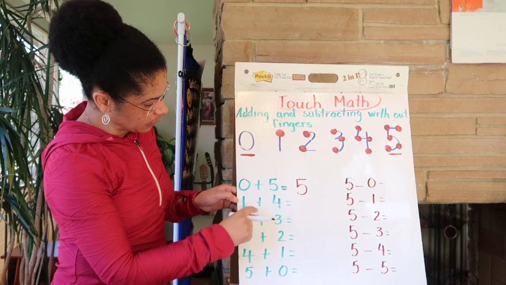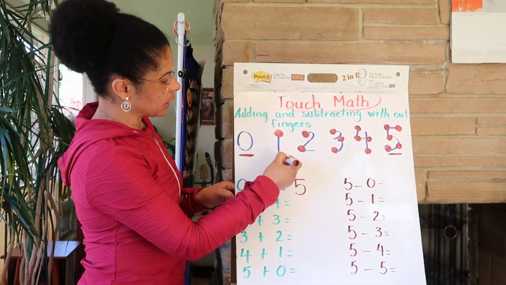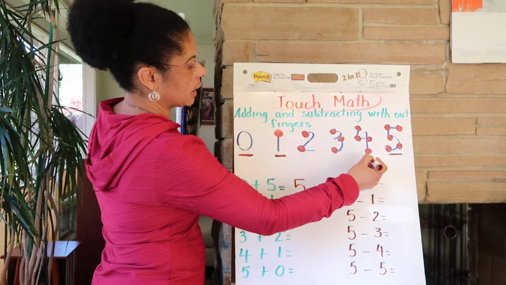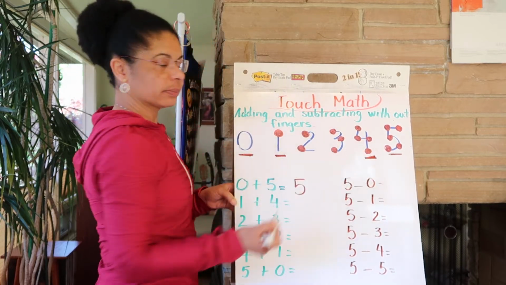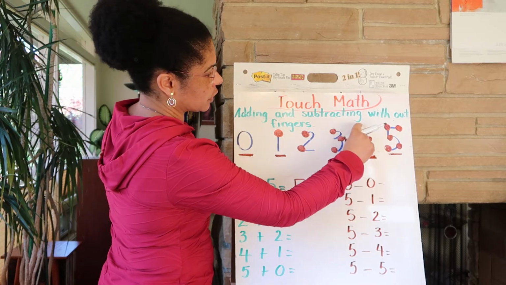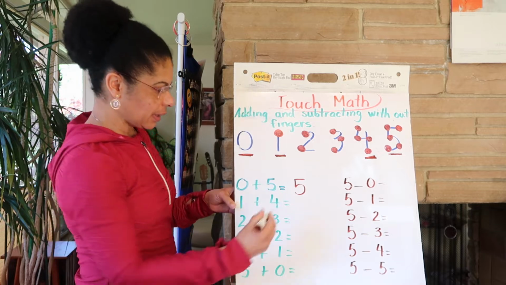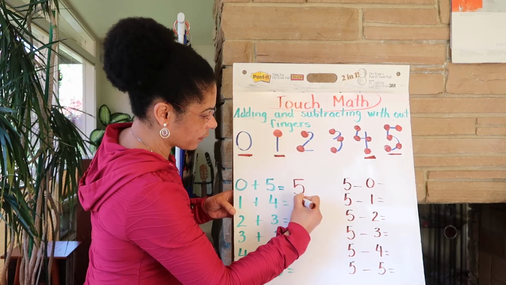Next, 1 plus 4. Here is number 1 and here is number 4. 1, 2, 3, 4, 5. It is also 5.